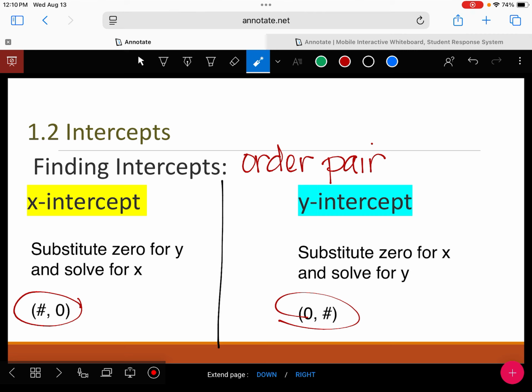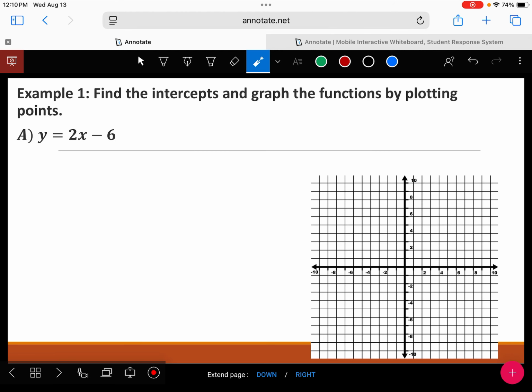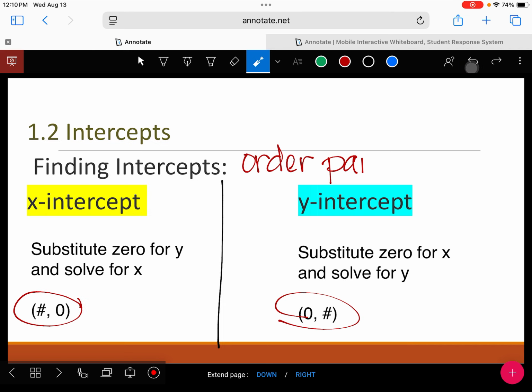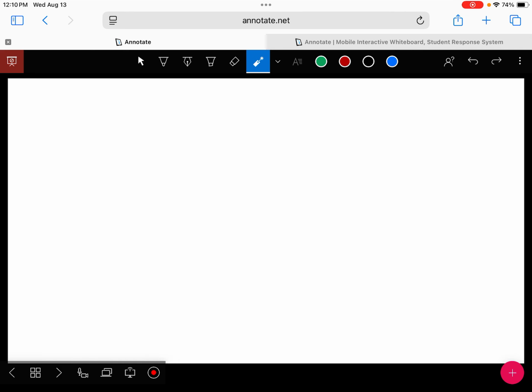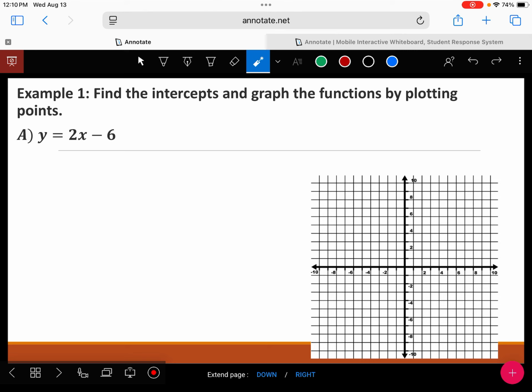Okay, so let's hit it. Let's go ahead and copy down this first one. If you don't have graph paper, you don't have to draw in all the lines. I would just draw in an X and Y axis, and then you're going to need to sketch it.